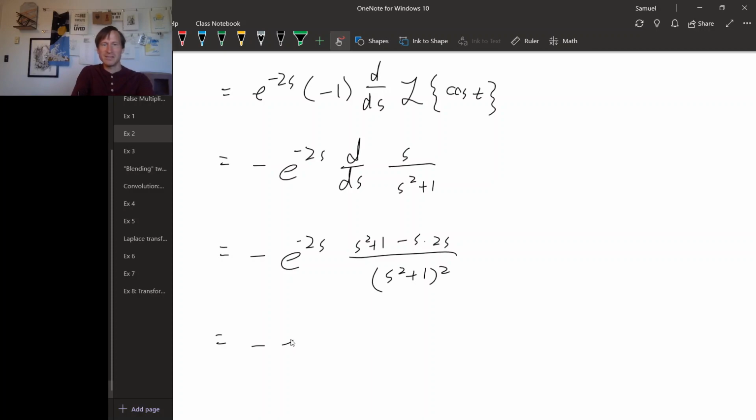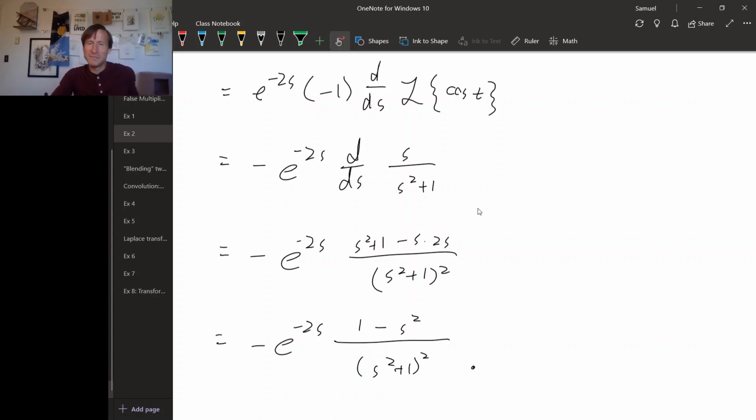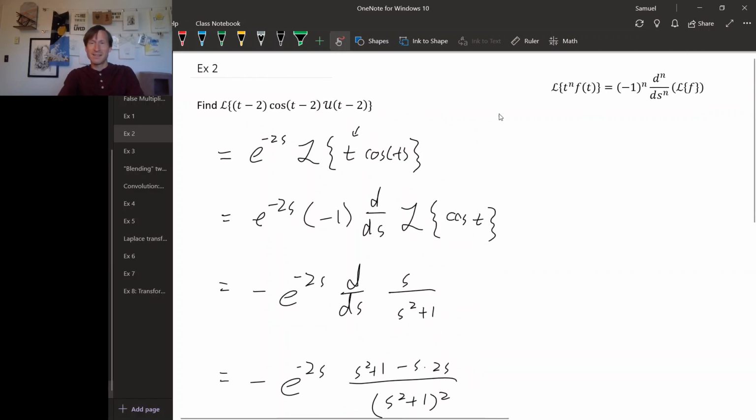So we get minus e to the minus 2s, and then we get, what, 1 minus s squared over s squared plus 1 squared. All right, there we go. Not too bad, so a little annoyance having to use the quotient rule here, but as far as computing the Laplace transform part, this transform formula made this part pretty straightforward.